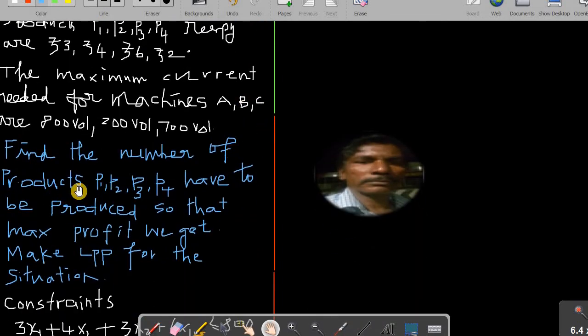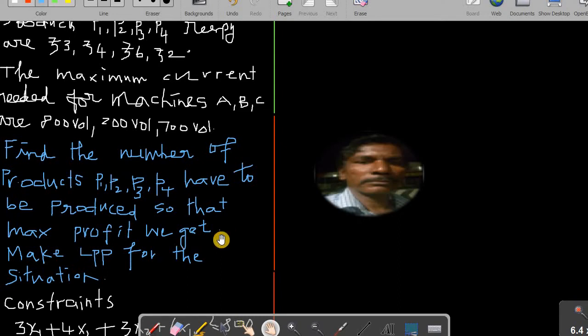Find the number of products P1, P2, P3, and P4 that have to be produced so that we get the maximum profit. How many of the first product, how many of the second, how many of the third, and how many of the fourth have to be produced so that we get the maximum profit?